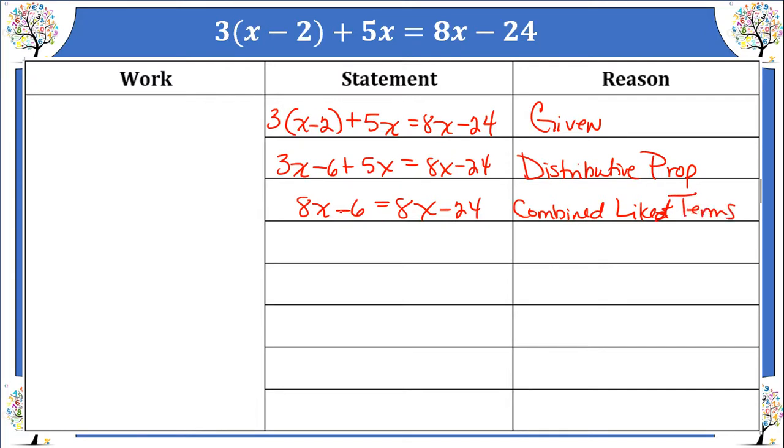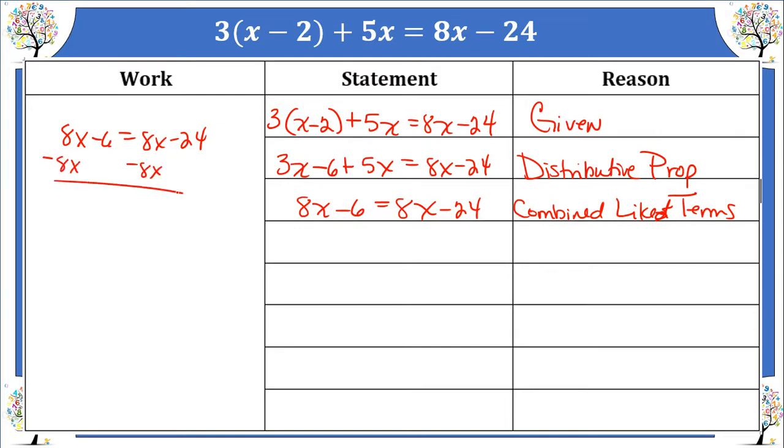Okay, now remember, because we have variables on the left and the right, we have to deal with the variables first, not the minus 6 or the minus 24. So I have 8x minus 6 equals 8x minus 24. We always want to get rid of the smallest one, but in this case, they are the same.